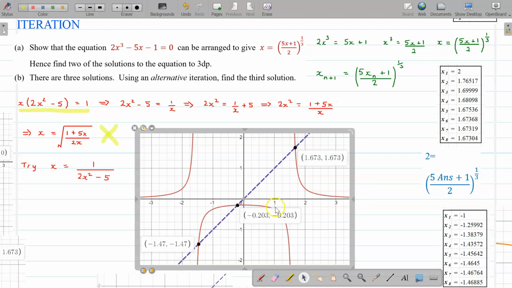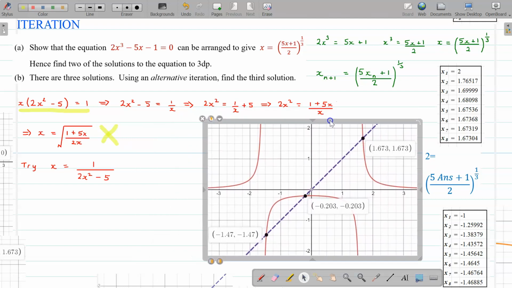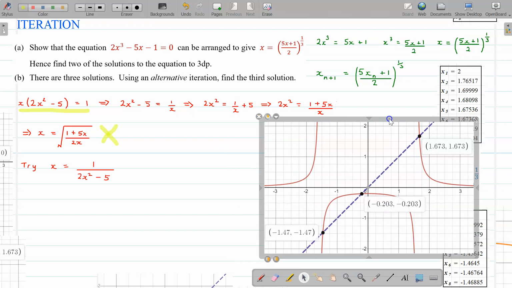It's got 3 sections shown by these lines here, and you can see once again the same 3 roots that we know exist. One's crossing there, one's crossing there, and one's crossing there. This is the one we found before, and this is the one we found before. This is the one we haven't yet found, but this time we will. Just watch this.